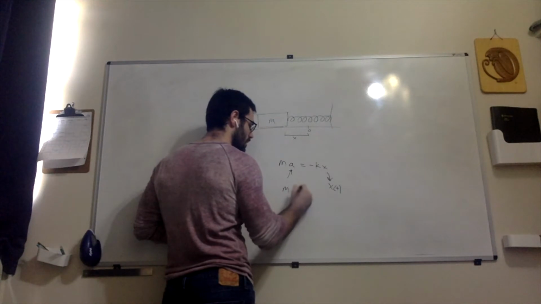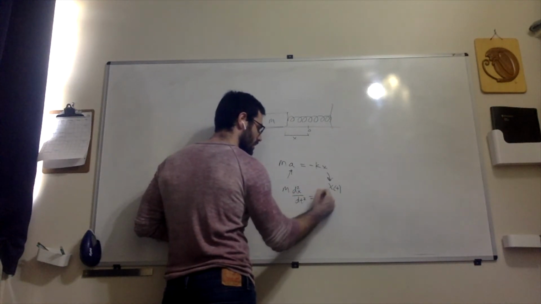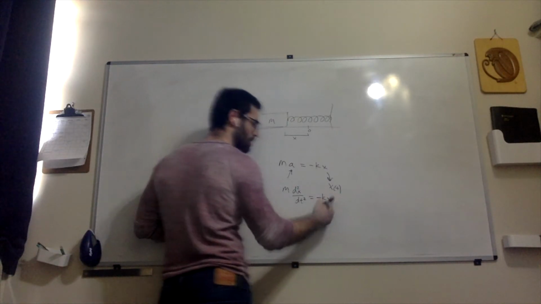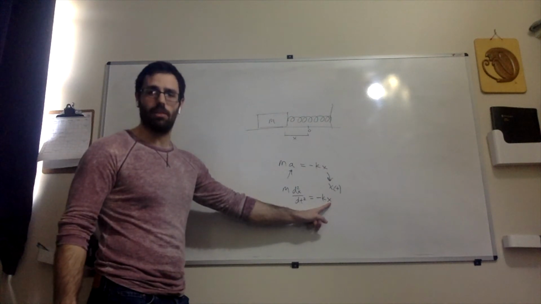So m d squared x over dt squared equals negative kx. And remember that this is an x of t. That's a function of time.